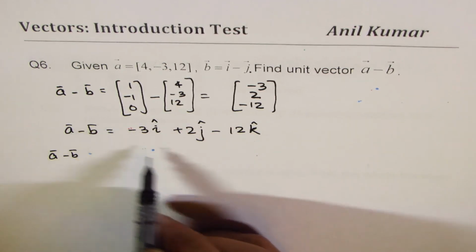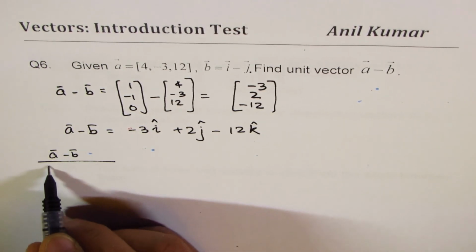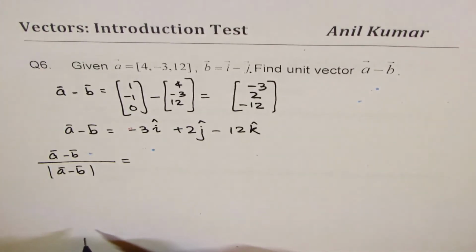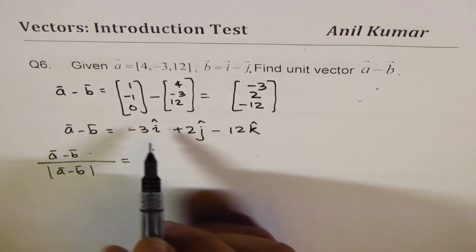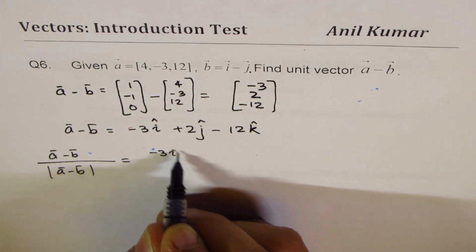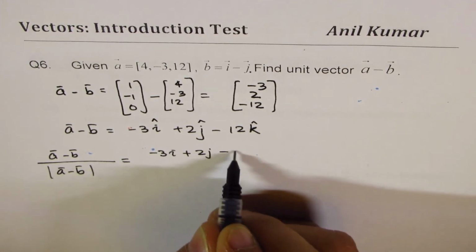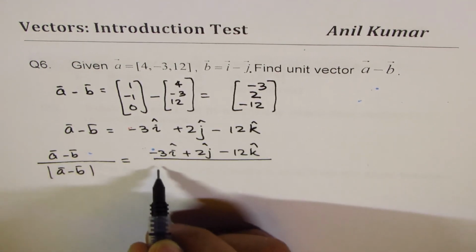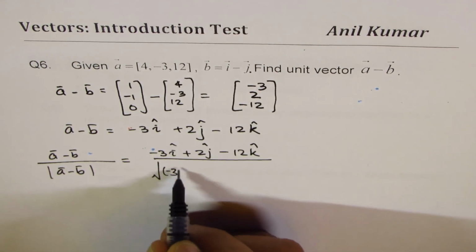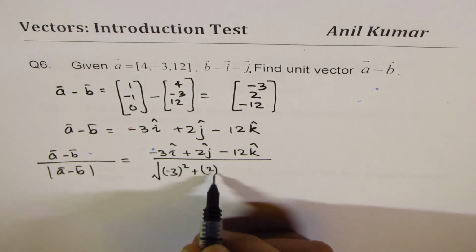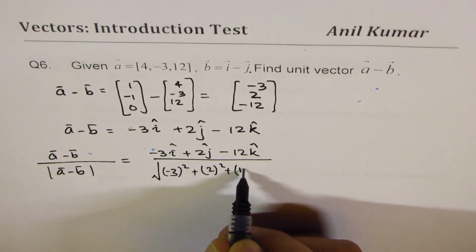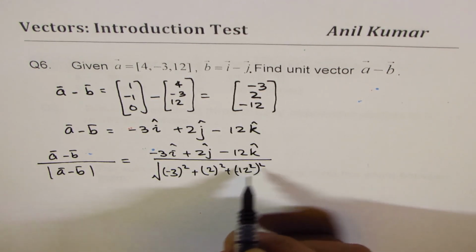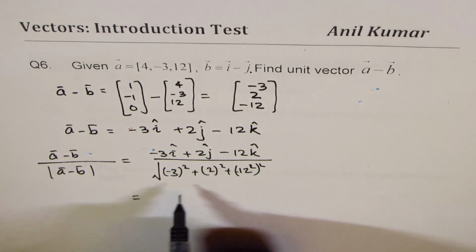So we have to divide this by the magnitude of the vector A minus B. Then we get unit vectors. This is what is required. So let's find the magnitude of this vector. The vector is minus 3i plus 2j minus 12k. We have to divide this by the square root of minus 3 square plus 2 square minus and plus 12 square, right? Or plus or minus doesn't matter, since when you square it, it becomes positive, correct?